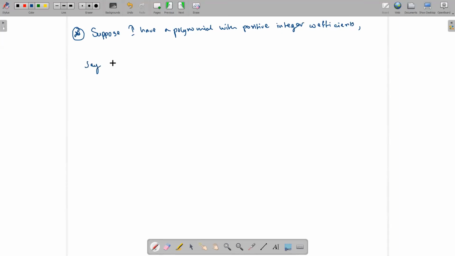Say f of x equals f naught plus x1 plus dot, dot, dot. And these are all non-negative integers.